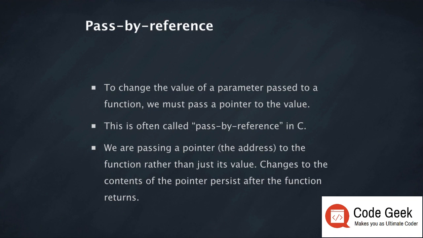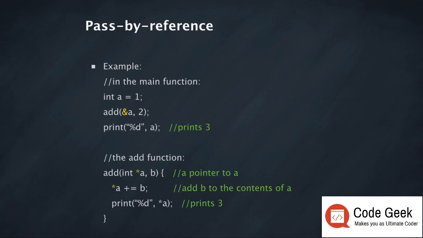So this is how we can change values. This is how, for example, hint, hint, we can swap two values and retain their swapitude, or their swappiness, or whatever, after the function returns. So here's an example. Again, it's the same example we had before. In the main function we have a equals 1. Now let's look at the add function here. What are we doing here? We are passing pointers to a and b.